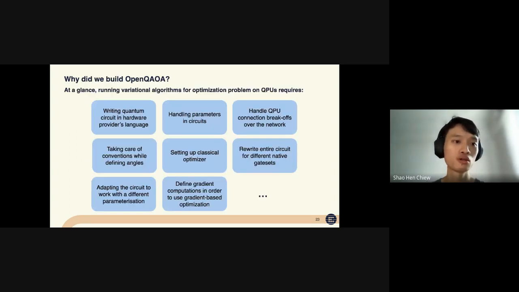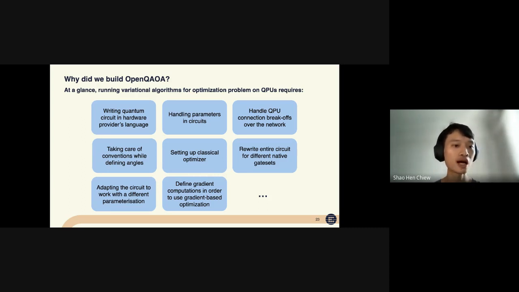Why did we write OpenQAOA? As researchers in the field, we know that if you wanted to solve a particular kind of problem on a variational quantum computer, you will first need to solve a few other problems.